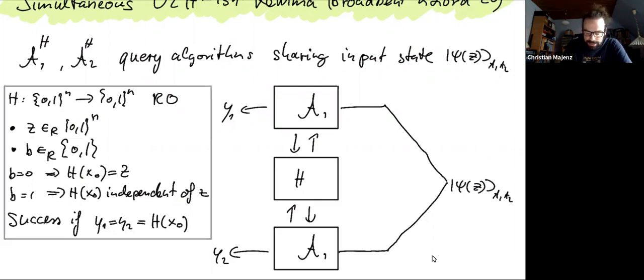And the success of this game is if y1 and y2 are actually equal to h of x0. Somehow the difference to the O2H setting is that instead of just deciding what b is, the algorithms have to actually output the output of the hash function at the marked point.